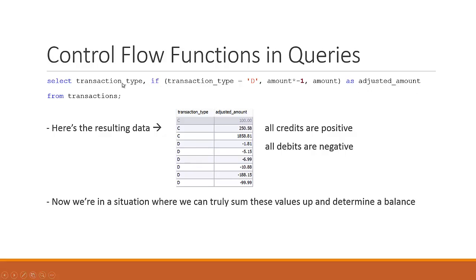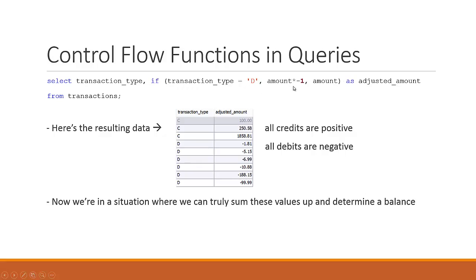So what we're doing here is we are essentially performing some sort of operation, and with the resulting data, whether it's amount times -1 or just the amount, we assign it an alias of adjusted amount. So I'm taking the concept of an alias and applying it to my control flow function, the if statement over here.